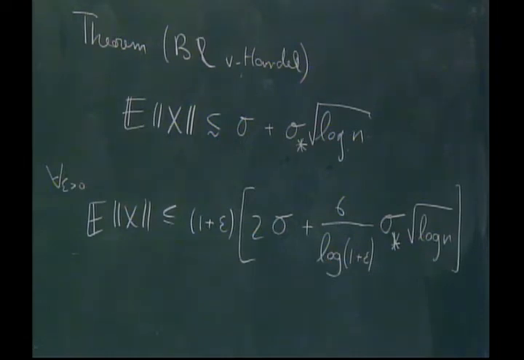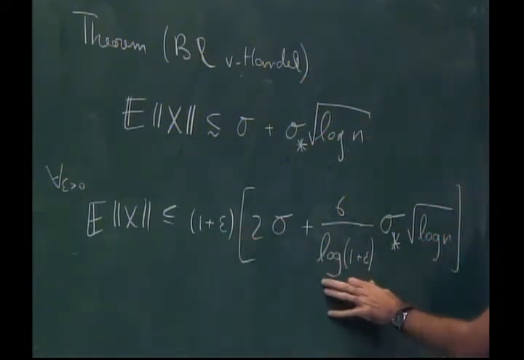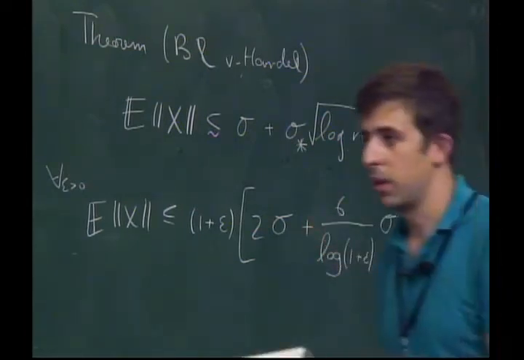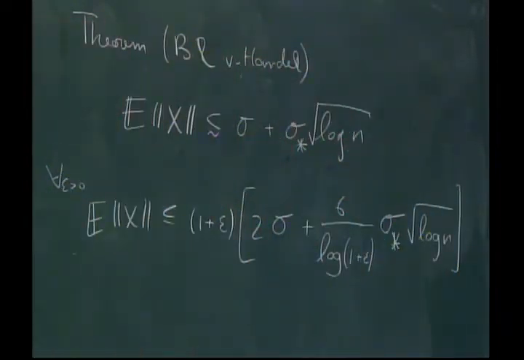So not only does it recover the right behavior, it recovers the right behavior even on the constant. I just need to pick epsilon little o of 1, sufficiently so that this doesn't blow up too much, and I get exactly the 2 square root n.